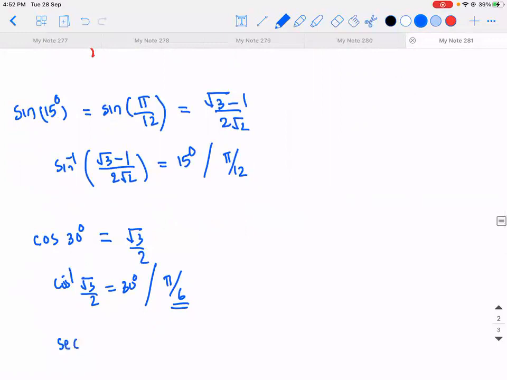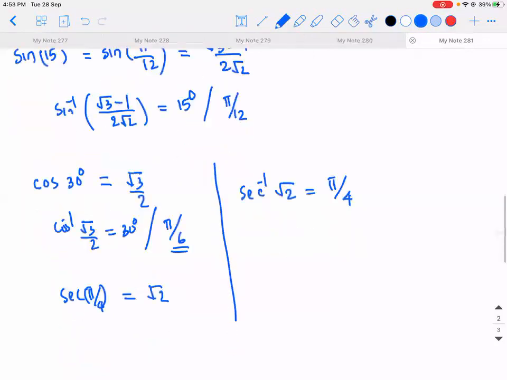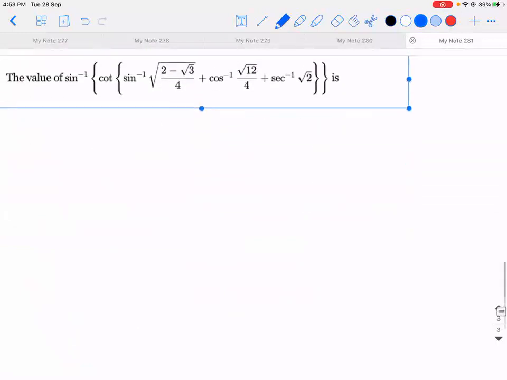And sec inverse root 2: that is, sec of pi by 4, or sec 45, is root 2. That implies sec inverse of root 2 is pi over 4.